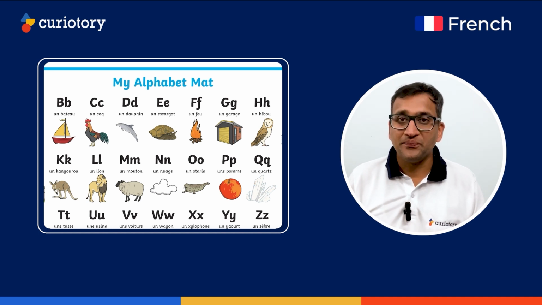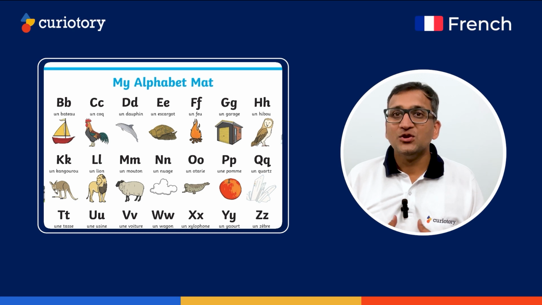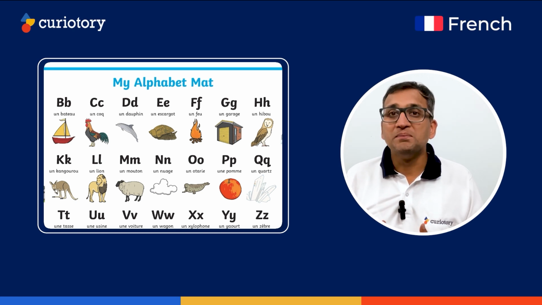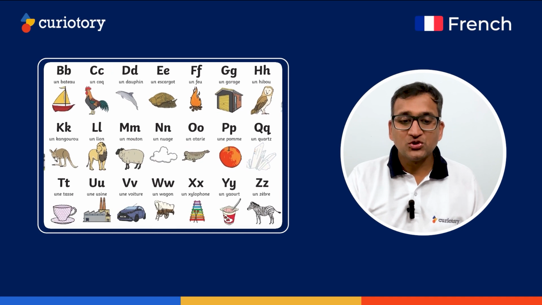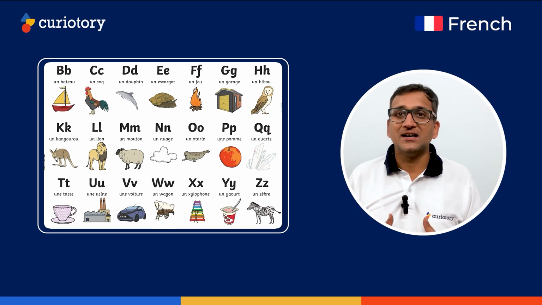Then jardin, garden. Kangourou, lion, mouton, nuage, une otarie, une pomme, un quatre, un chat, right? Une rose, une souris, une tasse, une usine, une voiture, un wagon, un xylophone, un yaourt, un zèbre.